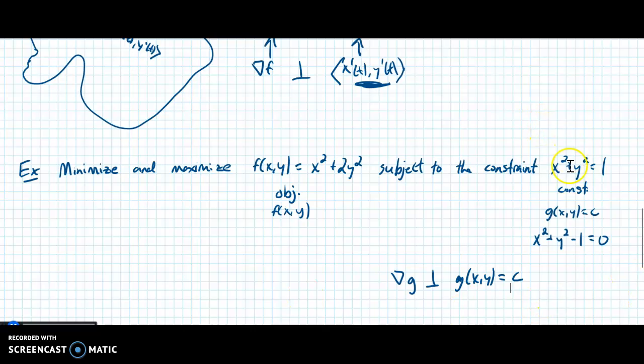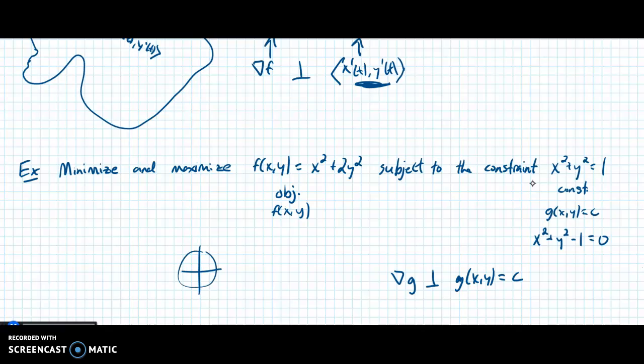So whatever this g function is over here, if I were to plot that, I would get that it is perpendicular. If I were to plot it anywhere on this unit circle, the del g would be perpendicular to that unit circle. And that's actually, we can show that really easily, right?